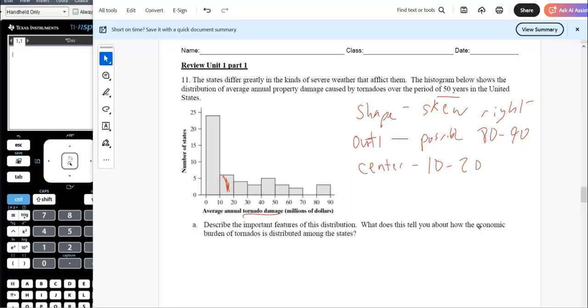Again, use the context: average annual tornado damage between 10 and 20 million in tornado damage annually. That's the median, sorry. And finally, variability: varies from 0 to 90, or the range is 90, that kind of thing.